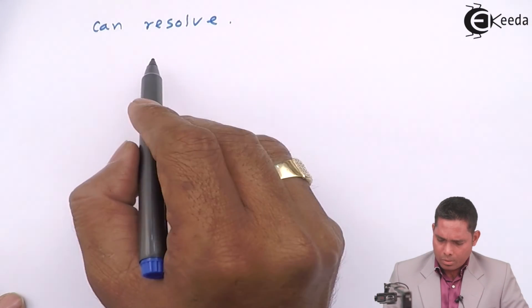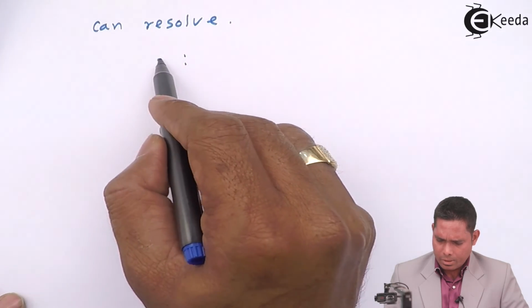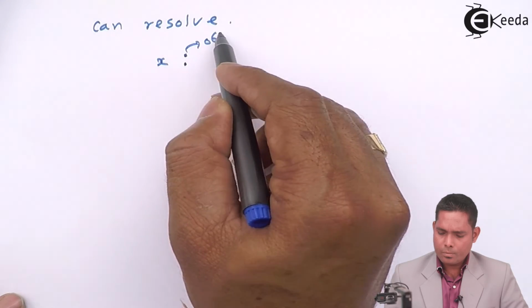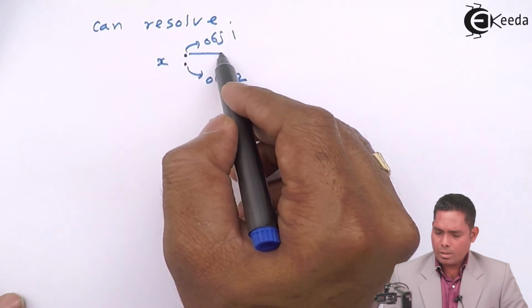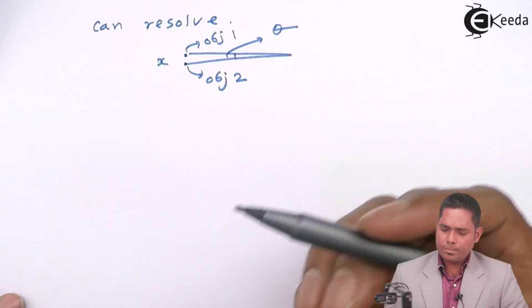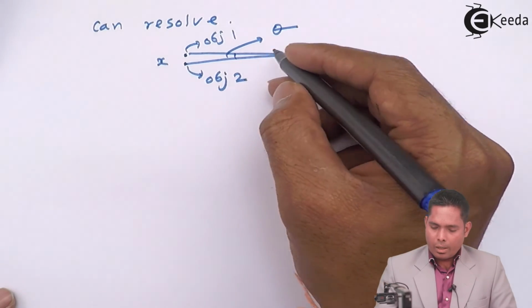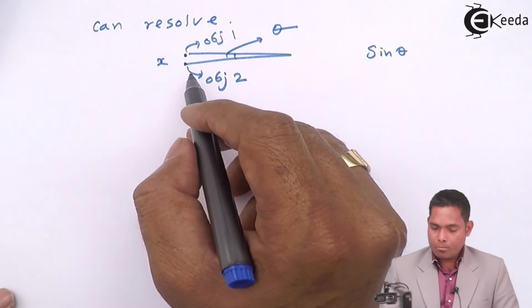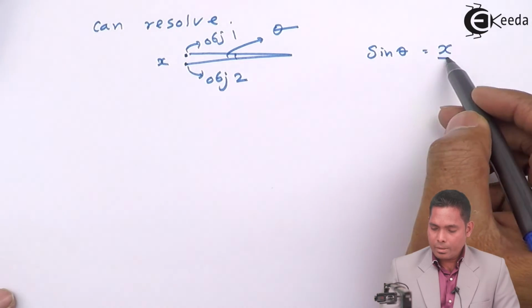Now, if I say that x is the separation between the two objects, object 1 and object 2, and this is the angle subtended at the eye, which is theta, then I'll write that sine theta is x by d.